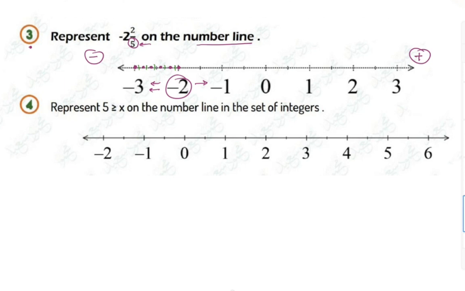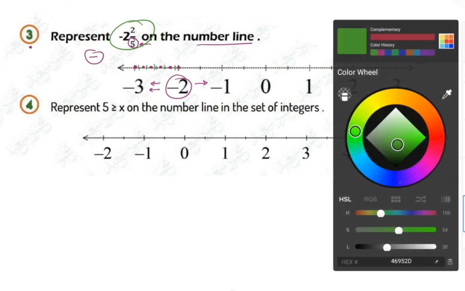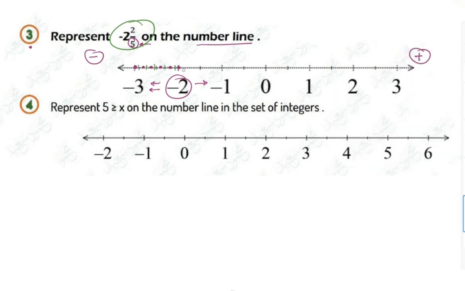Where is your number located? Your number is located at -2 here. You need 2 parts from these 5. So you have -2, and the first fifth here, second fifth here. So this point represents -2 and 2/5.